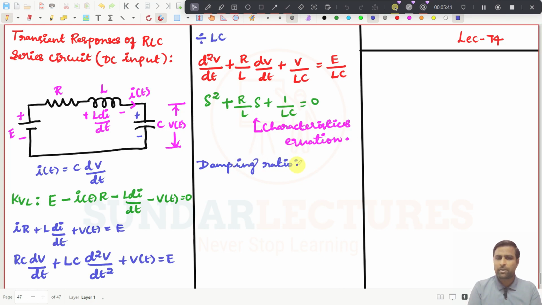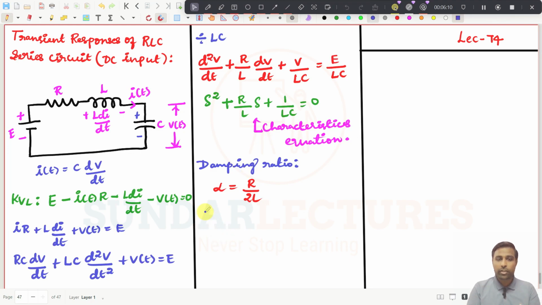I am going to explain a bit clearly what the damping ratio is and what is going to happen in this RLC circuit while storing the voltage in the capacitor. All those things we will see in detail, but before that, try to understand the damping ratio. I am taking the damping ratio as alpha, which is equal to R divided by 2L. I will tell you why I am taking these.